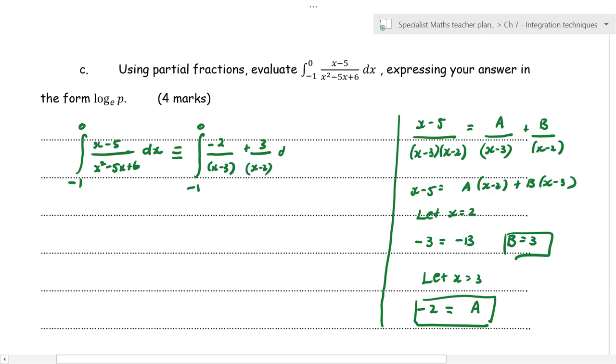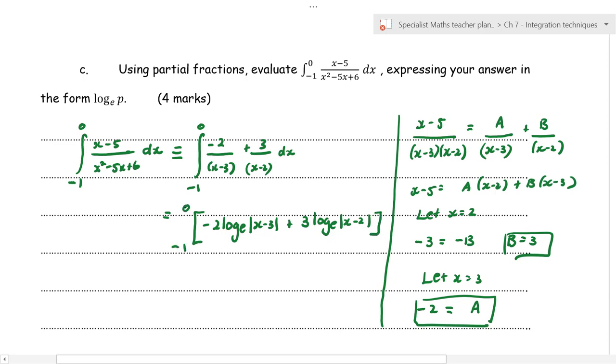Don't forget that dx. And now, therefore, that is equal to, we can go straight into the formula sheet: minus 2 log to the base e of the absolute value, please, like so, plus 3 log to the base e of the absolute value, like so, between negative 1 and 0.